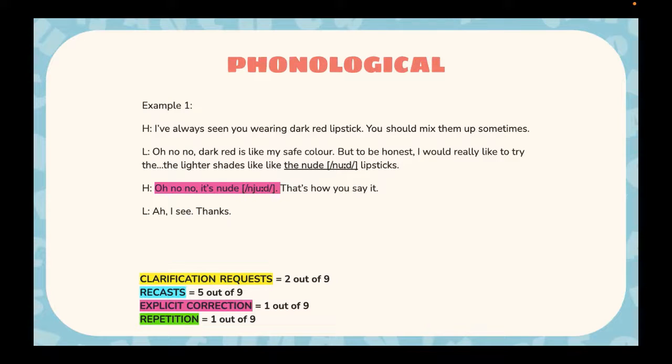H explicitly gave correction to the mispronunciation by saying, "Oh, no, it's nude." So this clearly indicates that what the L speaker had said was incorrect. The H speaker continually provided the correct form of the mispronounced word.